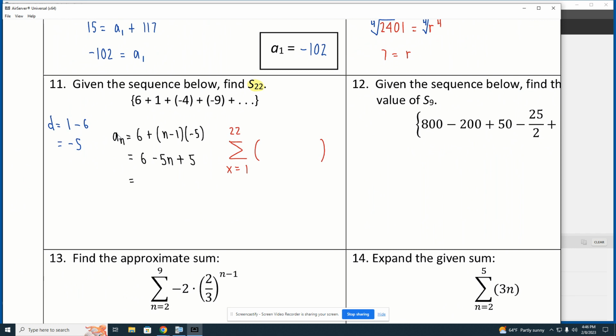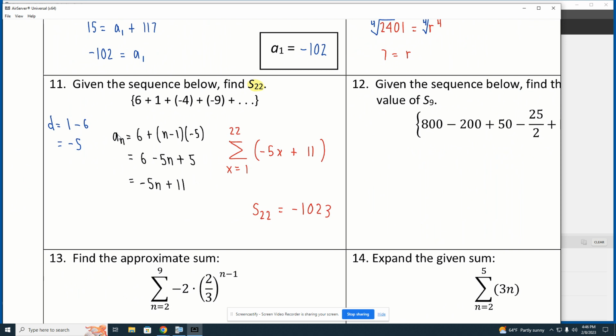So my a sub n is negative 5n, and 6 plus 5 is positive 11. So this is my equation that represents this particular sequence. So I plug it in right here, negative 5 but I replace the n with x, plus 11. So go type that in your calculator, and sure enough, it finds s sub 22, and s sub 22 is negative 1023.